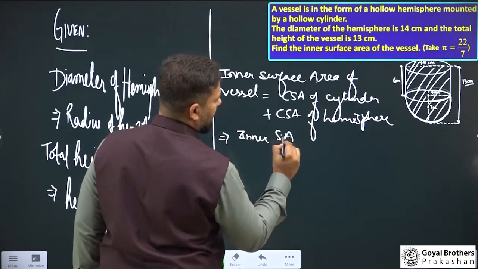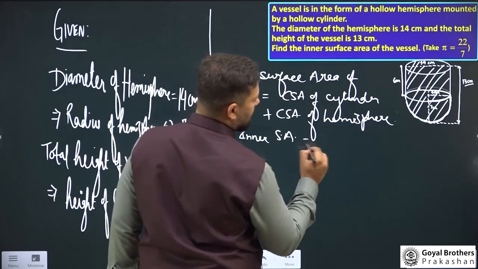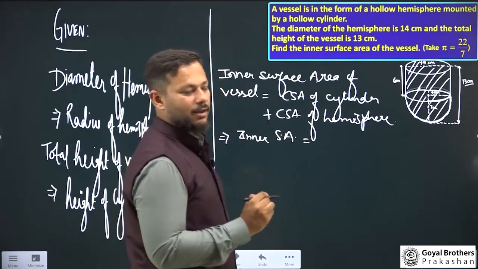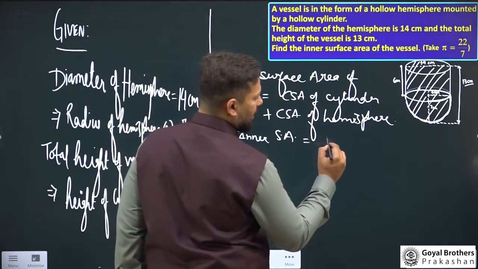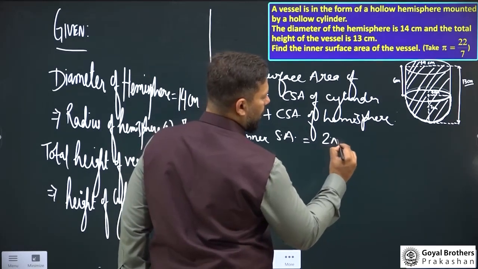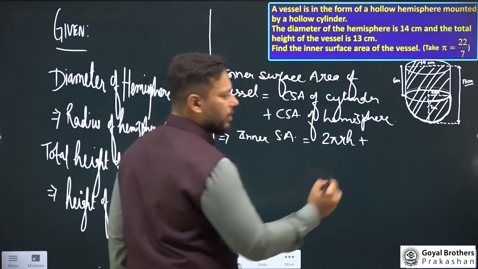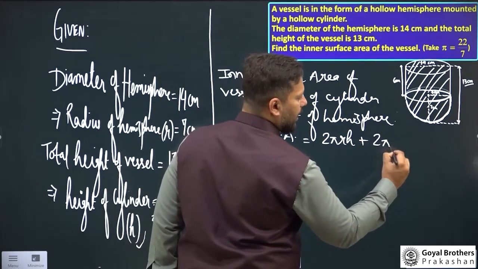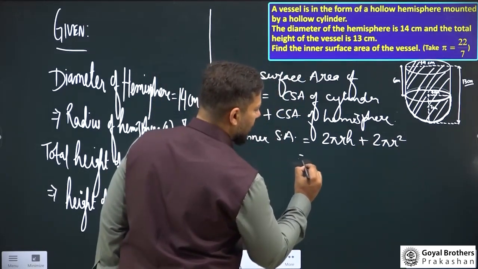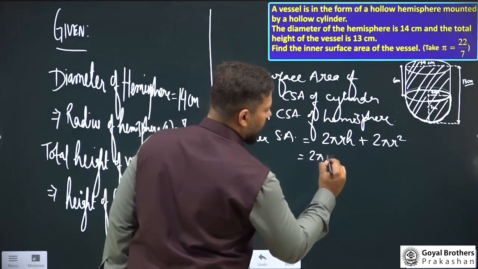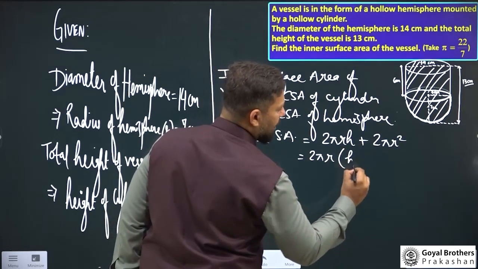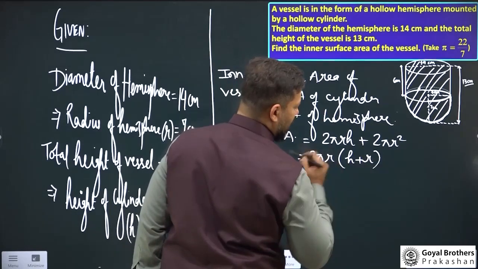I am writing inner SA as, what is the CSA of a cylinder? We know the formula for it is 2 pi r h. And what is the CSA of a hemisphere? It is 2 pi r square. If I take out some common terms, I am left with 2 pi r outside and h plus r inside the bracket.